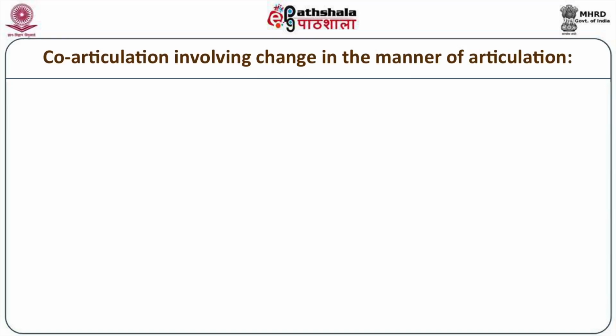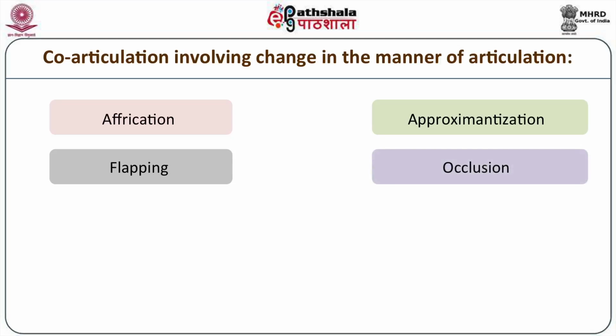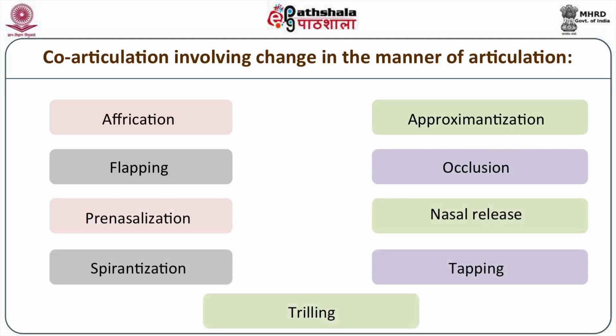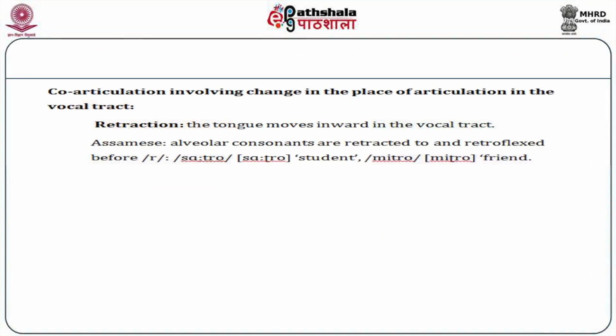Co-articulation involving a change in the manner of articulation are of the following types: affrication, approximatization, flapping, occlusion, prenasalization, nasal release, and so on. They are given in the accompanying text. The processes of co-articulation involving change in the place of articulation.